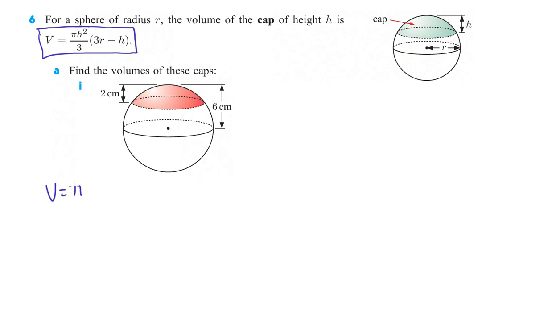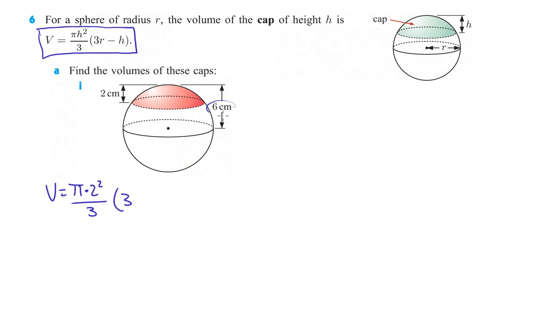Volume equals pi, and then h is just the height of the cap, so that's going to be times 2 squared over 3, all times 3 times r, which has got to be our radius, right? Now, if you'll notice, they didn't give us this here, but they do give us how tall this is.